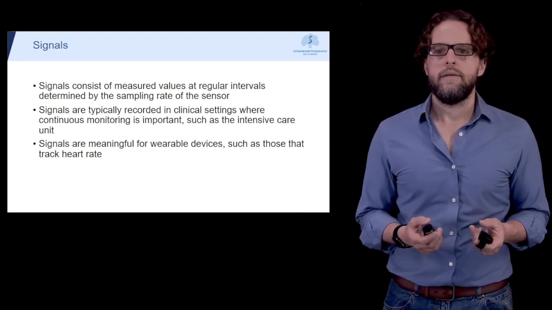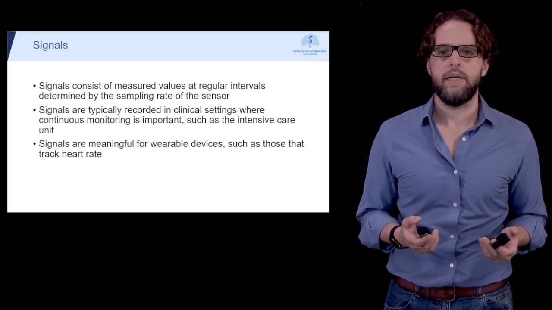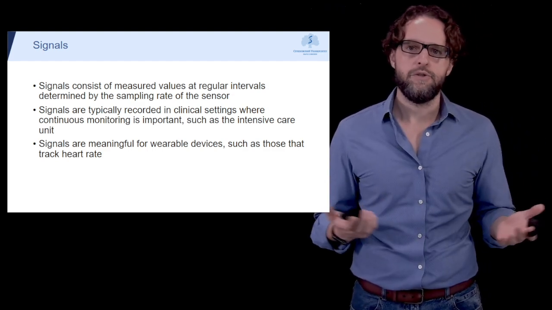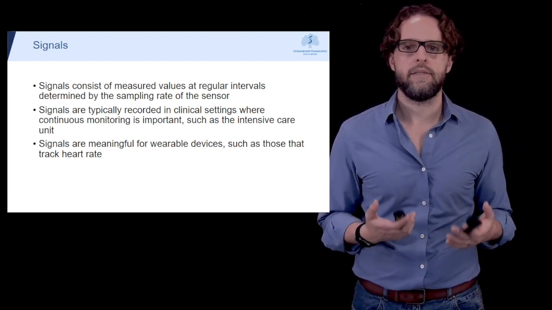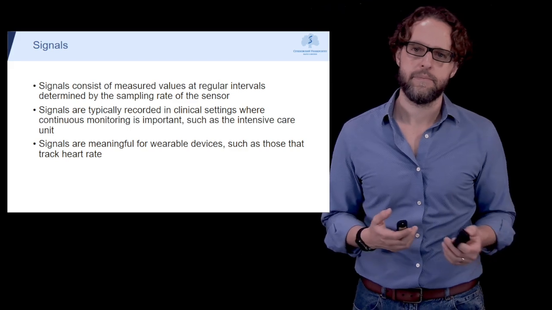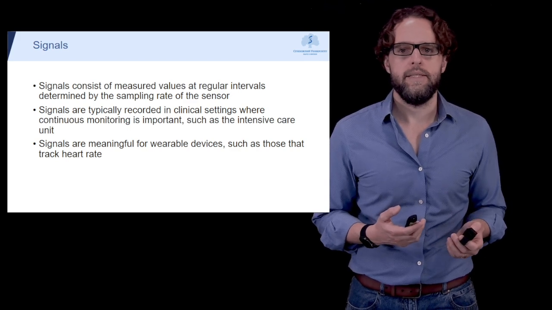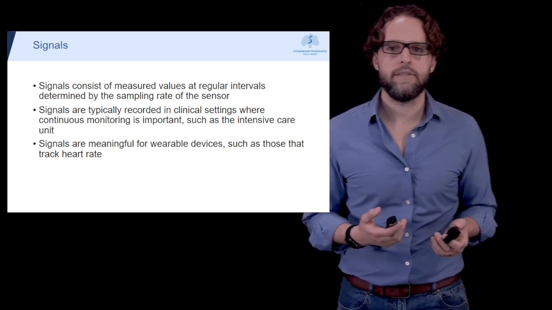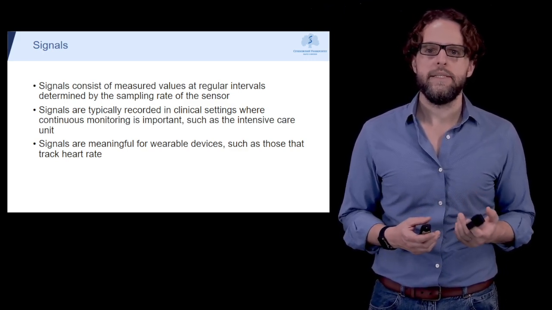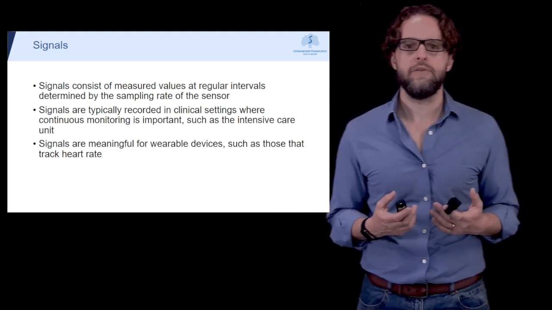A signal is created by biomedical equipment that measures some physiological parameter and converts it into an electrical signal, usually voltage, and this voltage is then converted into a digital value which could be stored in a computer system. And signals are important because they provide a continuous view of the physiological state in real time. They present time series of values at regular intervals converted into digital format.